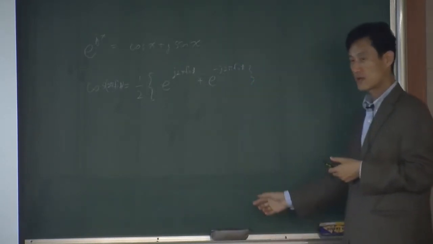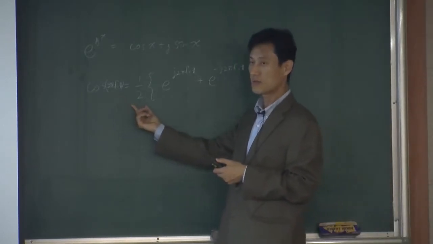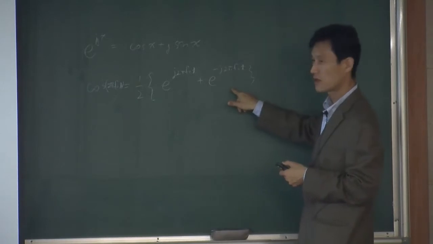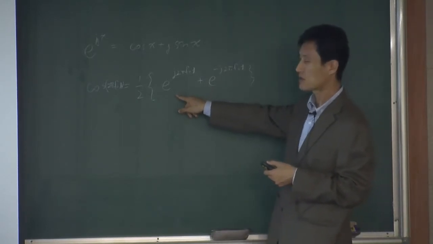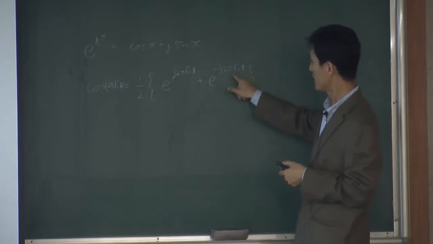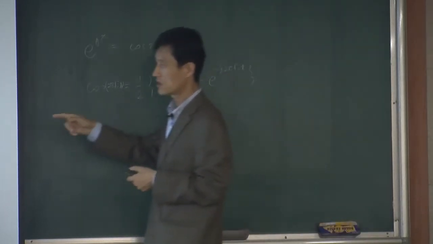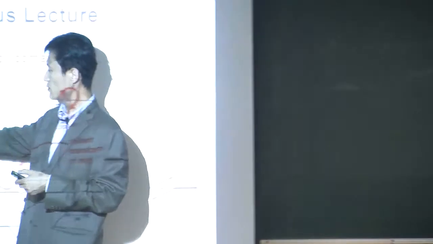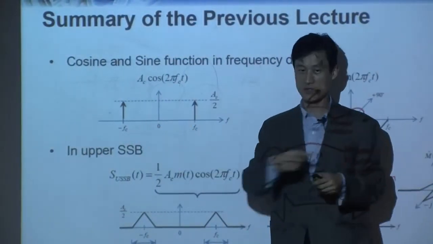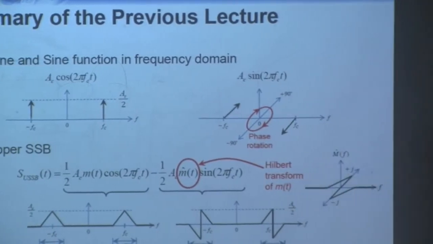So when you look at this, cosine is actually half times one exponential plus another exponential, but this exponential has the exponent of plus fc, and this one has minus fc, right? So this one is a positive exponential, and this one is a negative exponential, right?